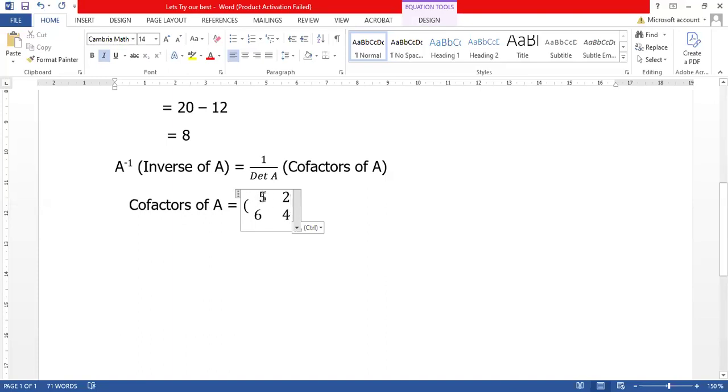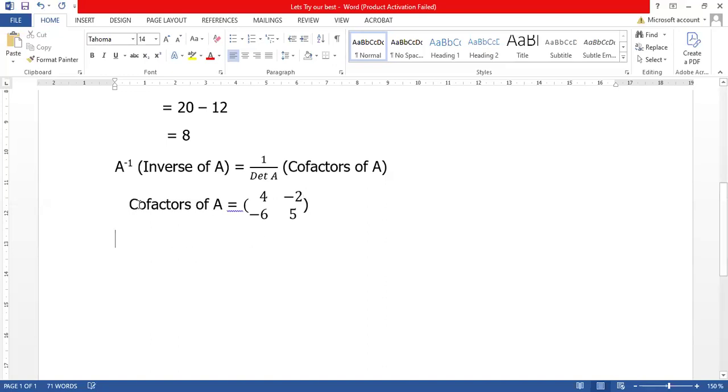Interchanging means that where you have 5 put 4, and where you have 4 put 5. Then the figures on the minor diagonal, you change the sign. So here it's negative, and this one will also be negative. That is your cofactor of A.